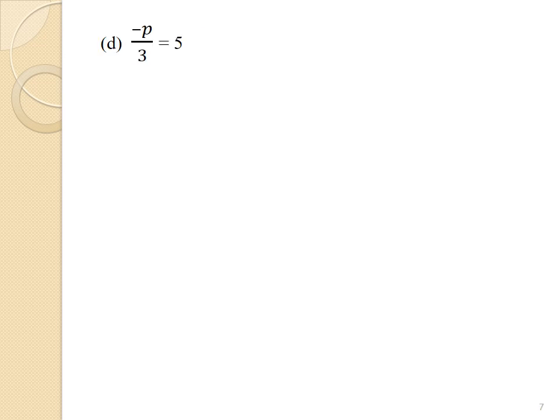Now, sum D. Minus p upon 3 equals to 5. Students, in this equation, there is only one operation, which is division, where minus p is divided by 3.